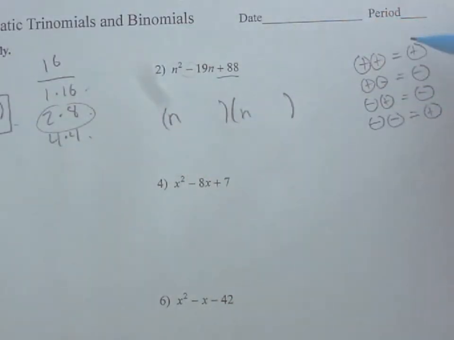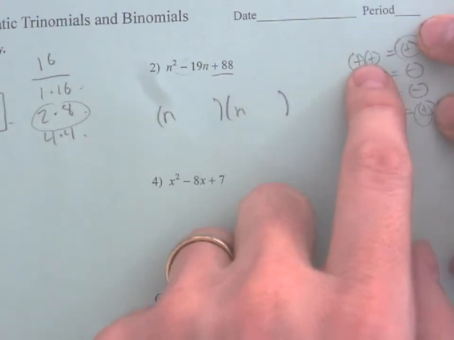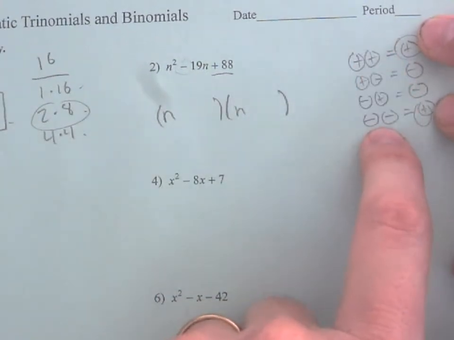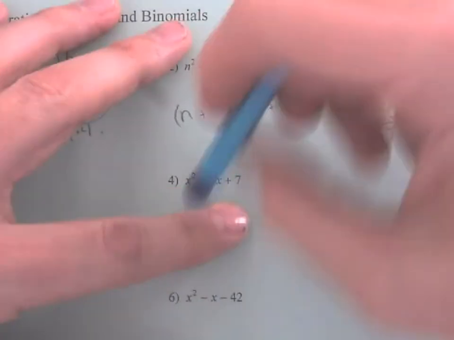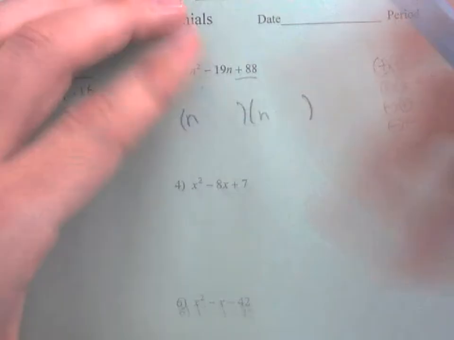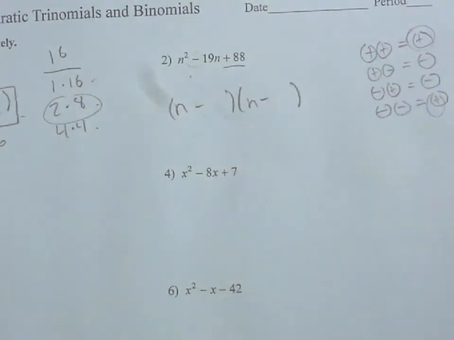So if my end result is a positive number, that means either these two terms are both positive or they're both negative. So I could have a plus plus in here, or I could have a minus minus in here, right? Both of those will result in a positive 88, or a positive number, okay?